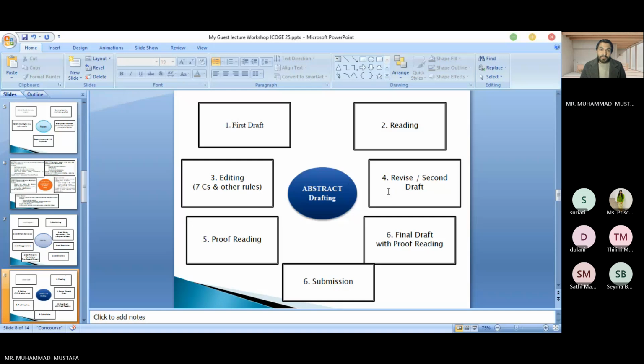Next, after editing, we need to revise. The second draft is ready after editing. So after getting the second draft, we need to proofread. First, we read after the first draft, and after the second draft, we have an option to proofread again.